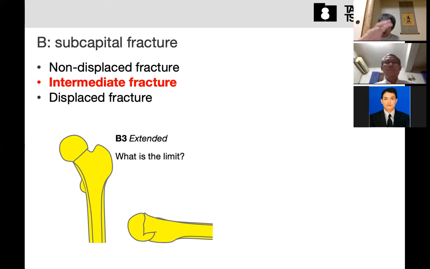What is the angle, or the degree of compression of the posterior side? Nobody knows. Furthermore, if you see this fracture, should it be reduced or fixed in situ? It is very controversial.